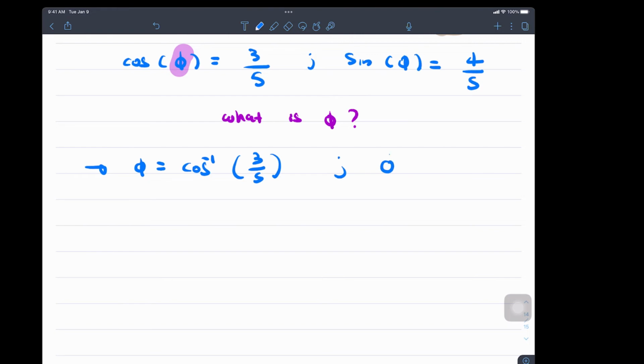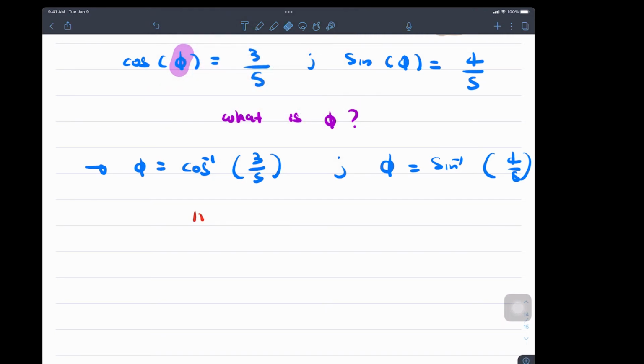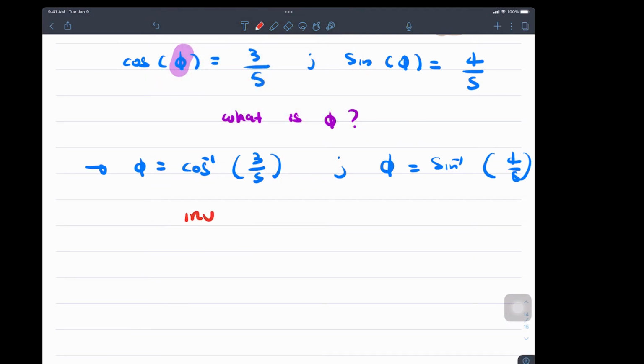This also means phi is the inverse sine. So we're going to have to talk about inverse functions, right? Inverse are reverse functions. We have this inverse functions, with the exponent -1.